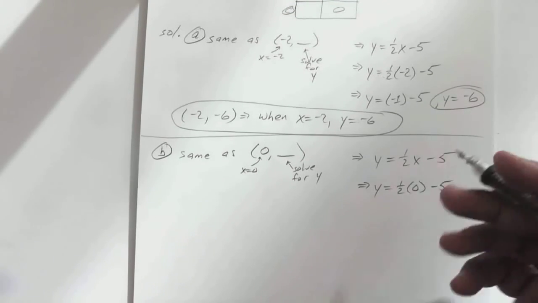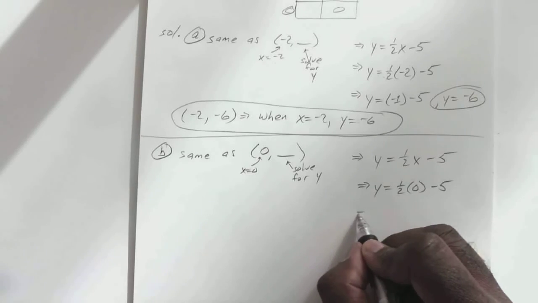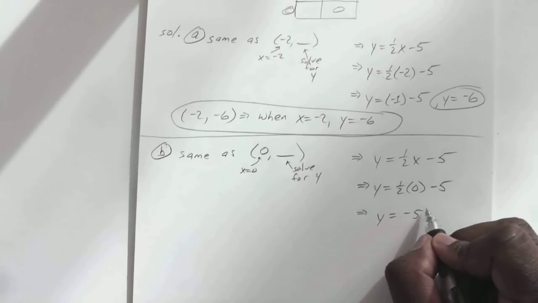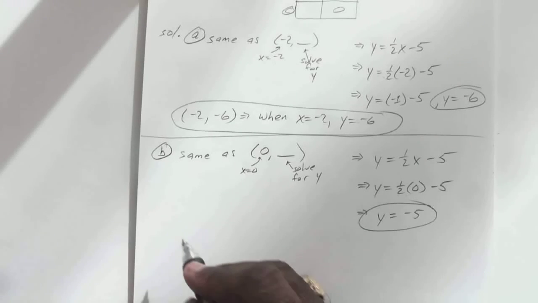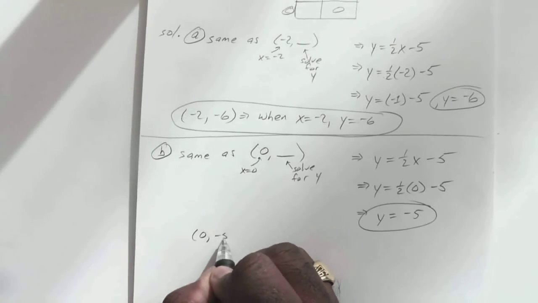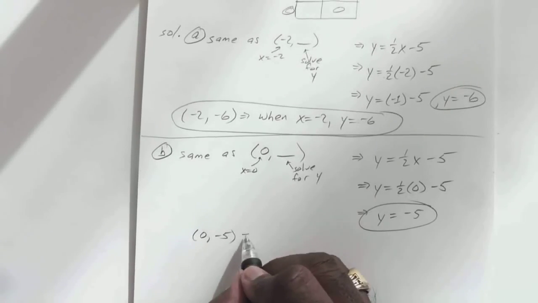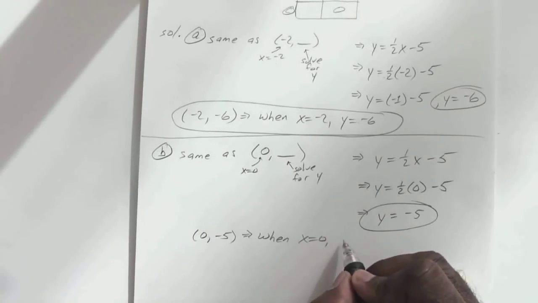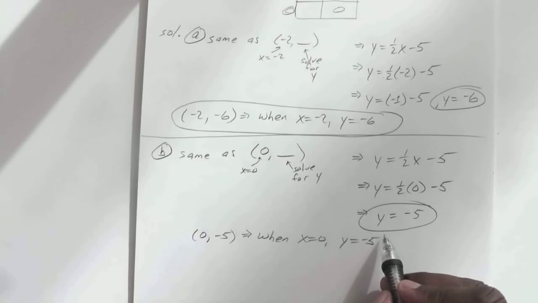Okay, and 0 times anything is just 0, so we have 0 minus 5, so we know that y is going to equal -5. So in other words, when x is equal to 0, y is equal to -5.